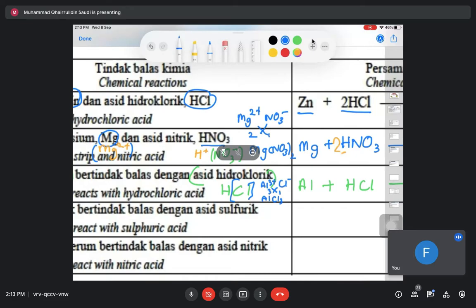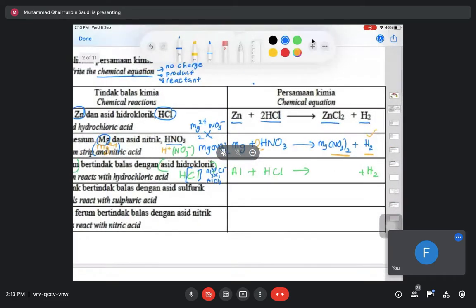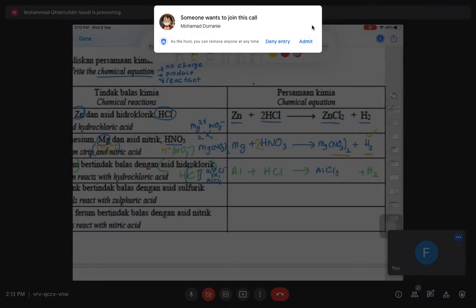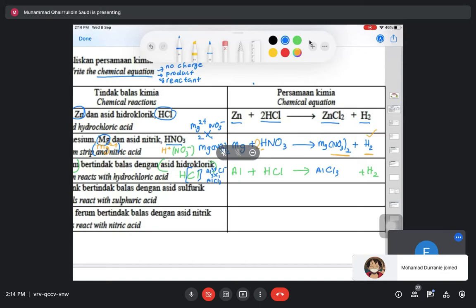And then you just write it down in your equation. And then, is this balanced? Is it already balanced? No. So what should we balance first? Hydrogen. Okay, we have 2 hydrogen here and 1 hydrogen here.